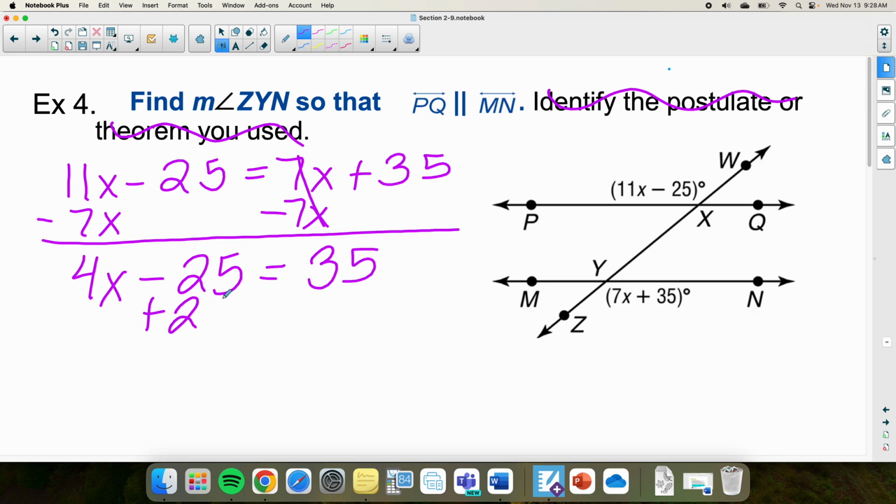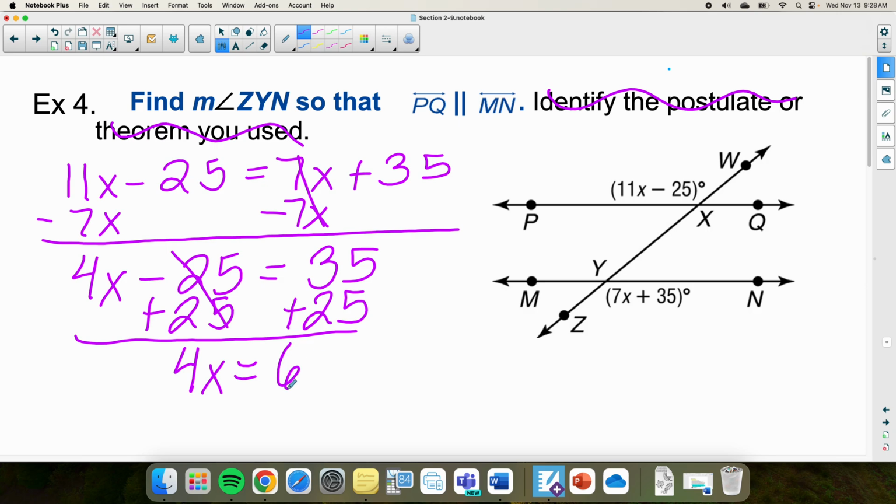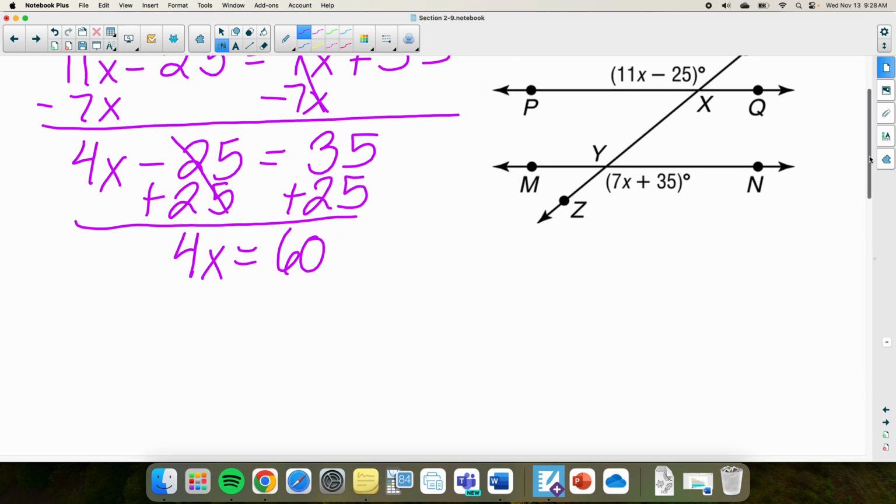Then I'm going to add 25. And 4x equals 60, okay? Then we divide by 4, and x is 15, okay?